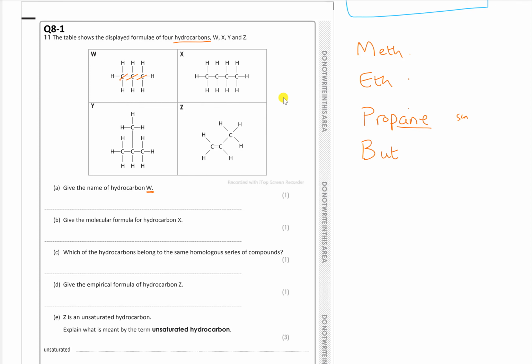Because it's got single carbon to carbon bonds. So if you look here, you've got 1, 2 single carbon to carbon bonds. So it's a propane.